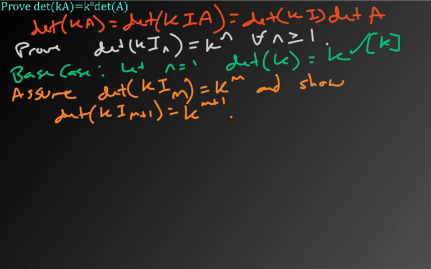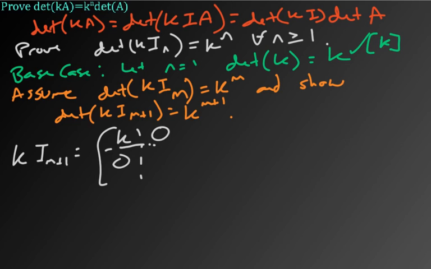And so to do this, I am going to create a block matrix, which is good review here. So kI_(m+1) equals this matrix, where I have a k up there, and then a 0 and a 0, and then down here is just kI_m.